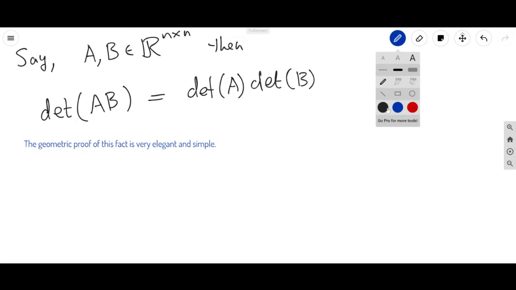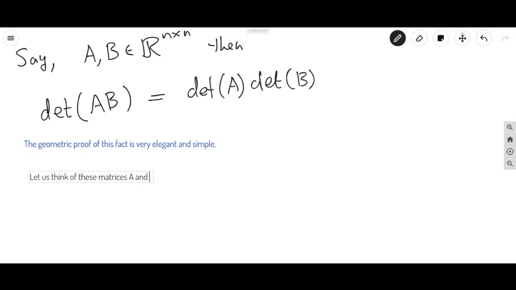And it has to do with this. So let us think of these matrices, A and B, as linear maps. Matrices give you linear maps. So you have linear maps from Rn to Rn.